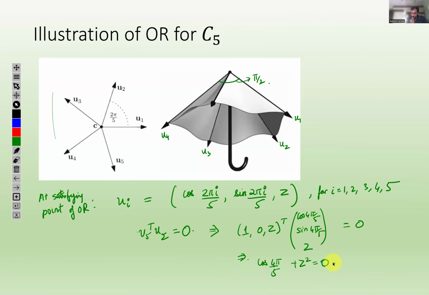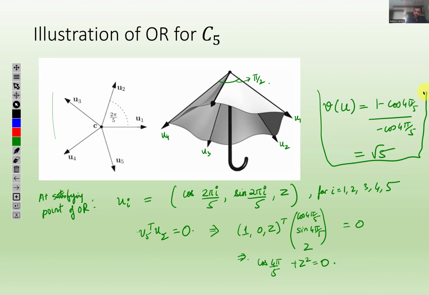And once you get this value of z, you can actually compute the value of this. And it turns out that the value of this orthonormal representation actually turns out to be something like 1 minus cos pi by root 5.